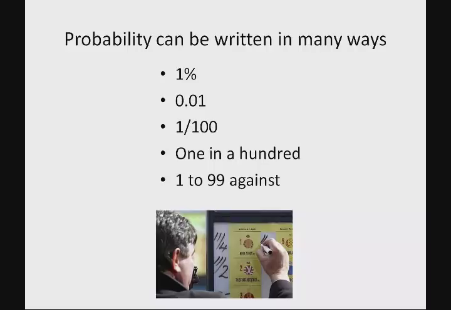You could also write it as a fraction, 1 in 100, or write that in words, 1 in 100. Or the chances to a betting man would be that the odds were 1 to 99 against pulling out a black ball. So remember, you should be familiar with those sort of terms.